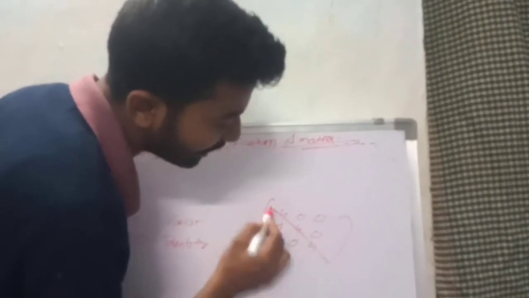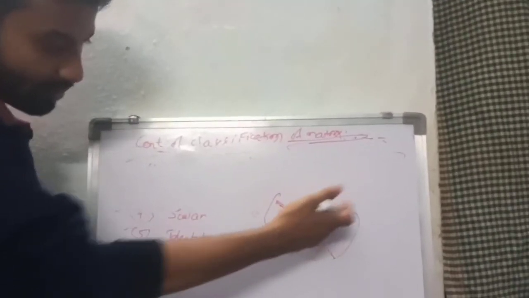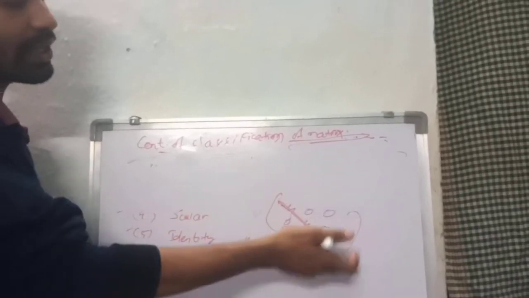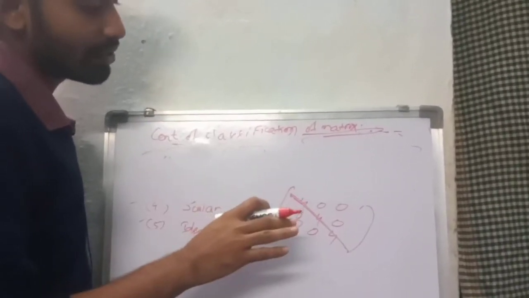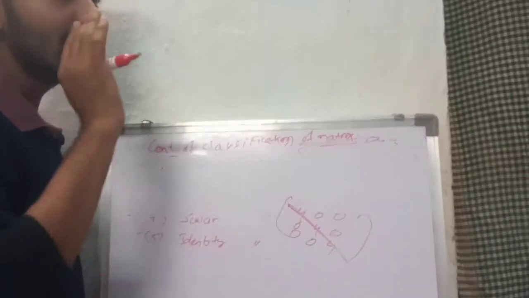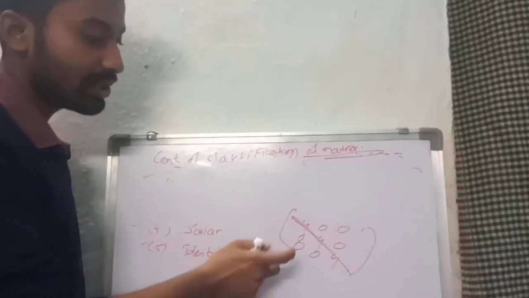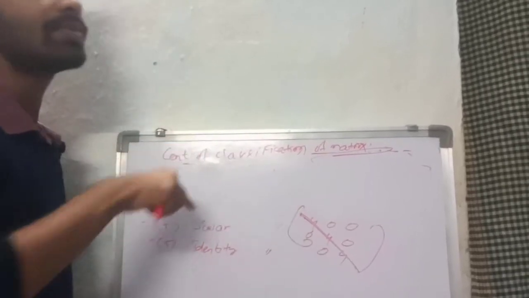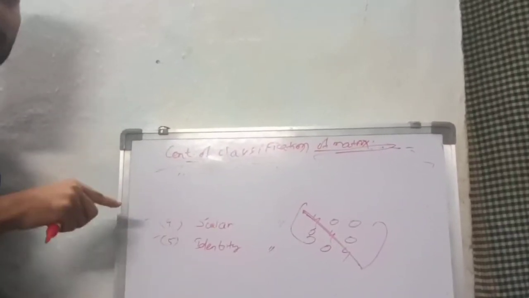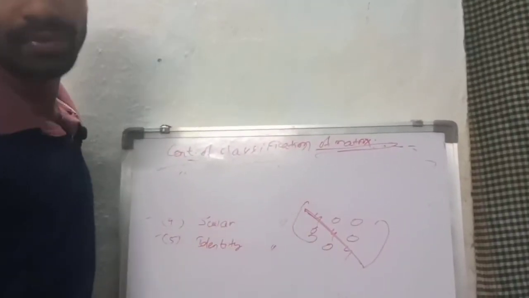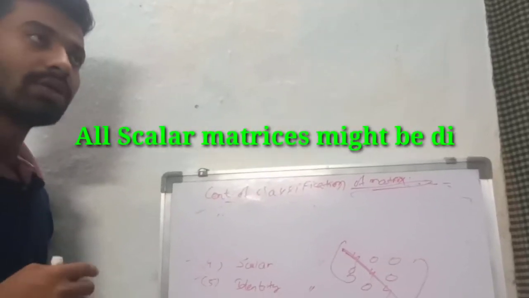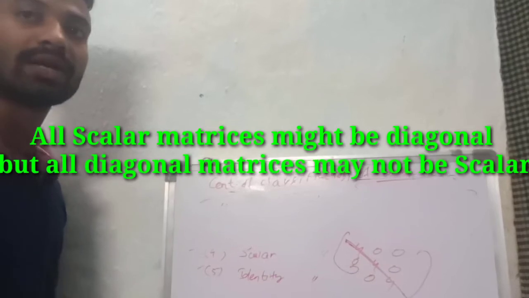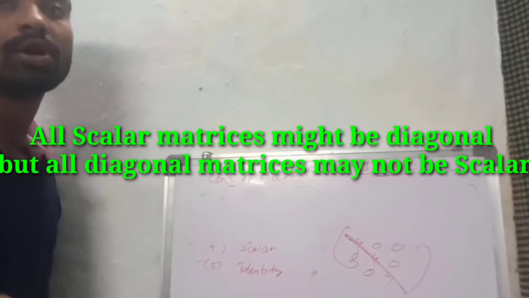Whatever the diagonal, the diagonal elements will be the same in the case of scalar matrices, but in diagonal matrices the elements may be different. So we can say all scalar matrices are diagonal, but all diagonal matrices are not scalar.